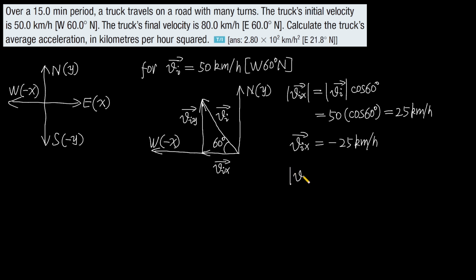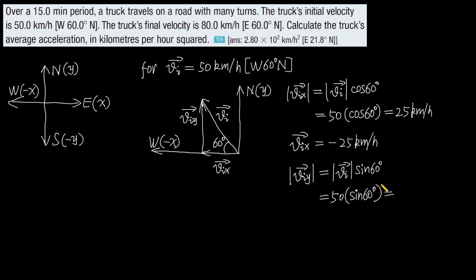Then the magnitude of the initial velocity y equals the magnitude of the initial velocity multiply sine 60 degrees. And this equals 50 multiply sine 60 degrees.